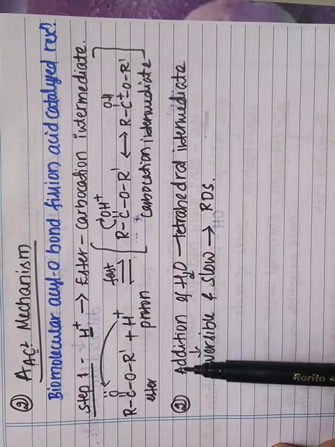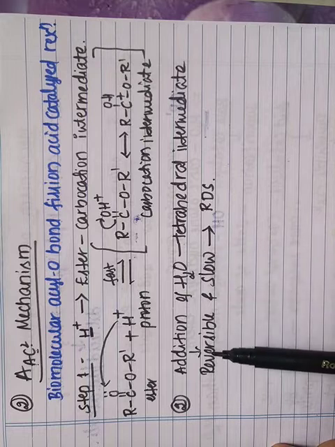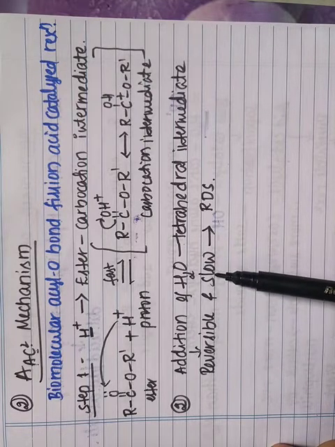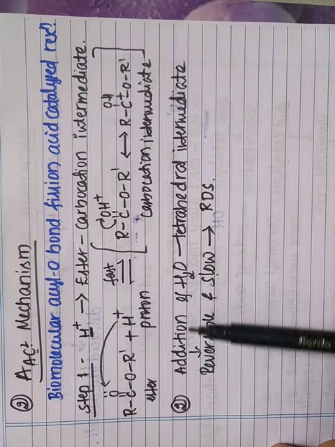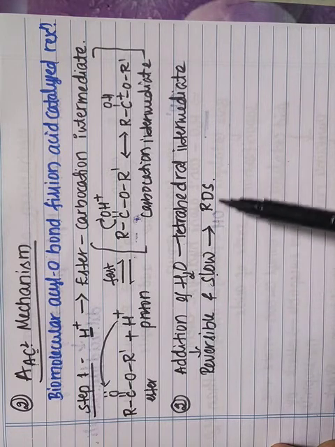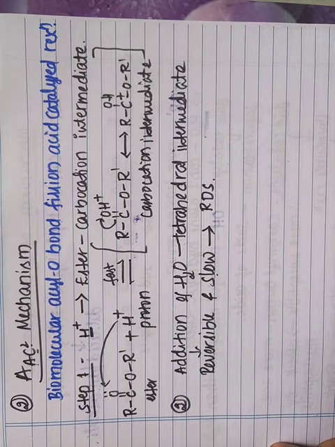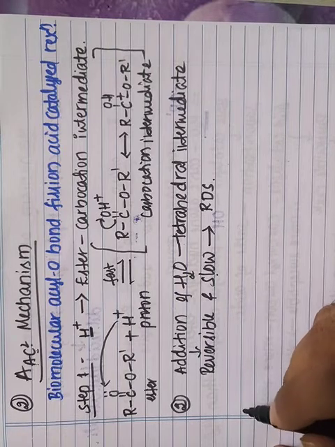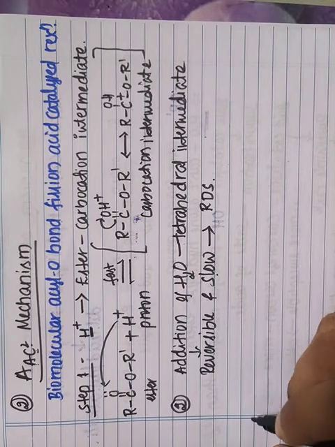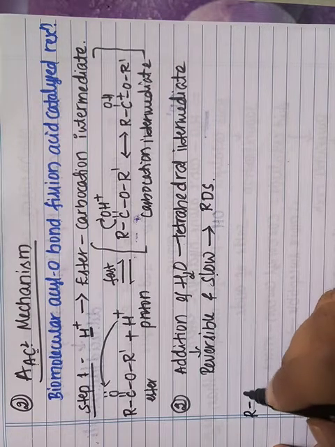This step is reversible and also slow. Therefore the second step of this mechanism is the rate determining step.